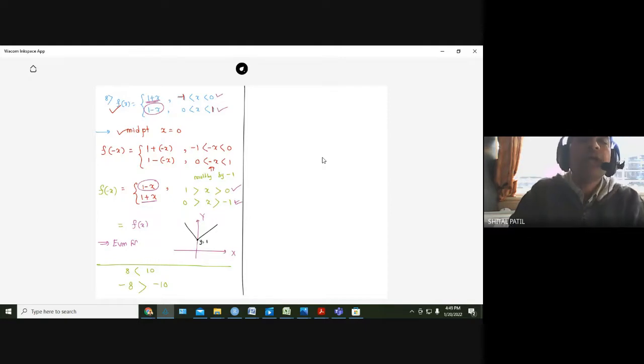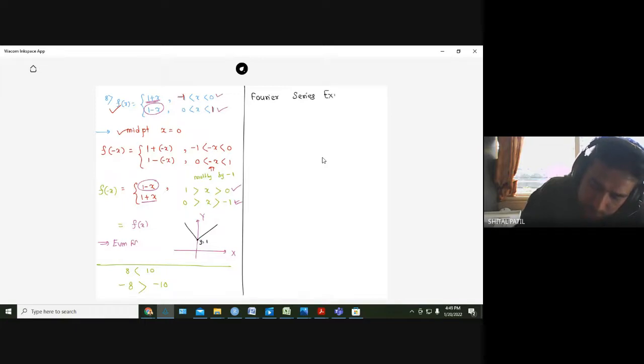Let me continue. Now see, again we'll revise whatever we studied in the Fourier series, and then we have to develop the remaining formulas. Let me write it once again. Write down the Fourier series expansion, I will write in short.